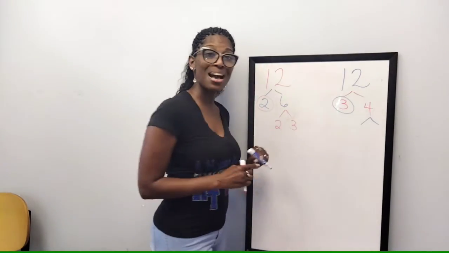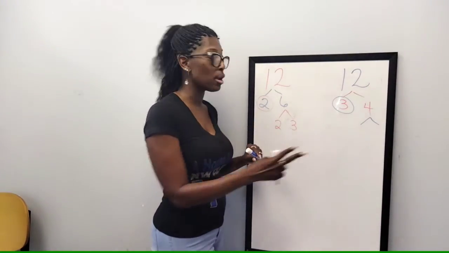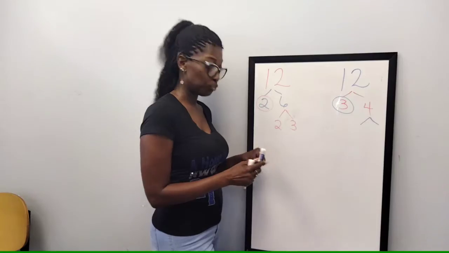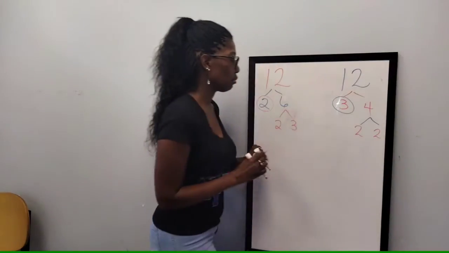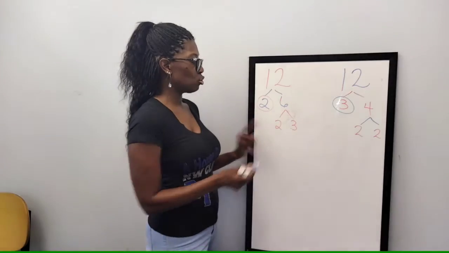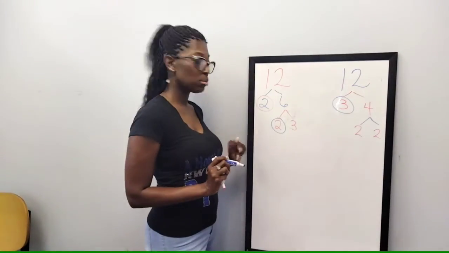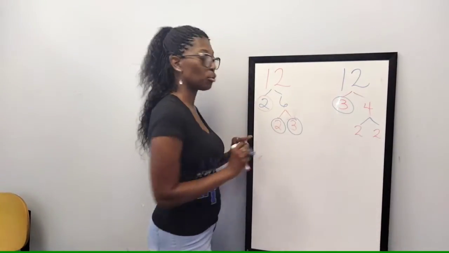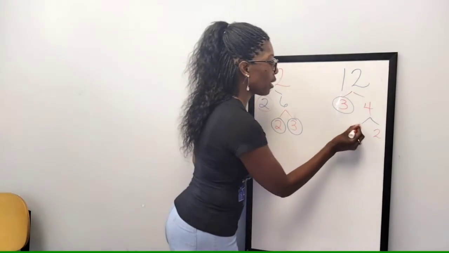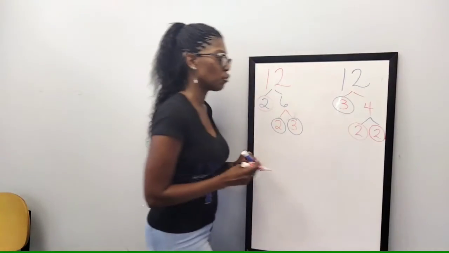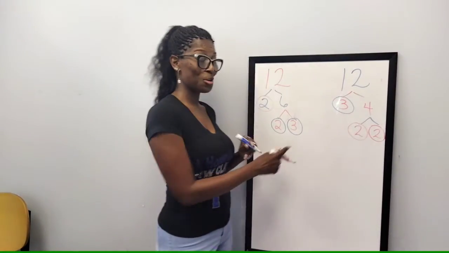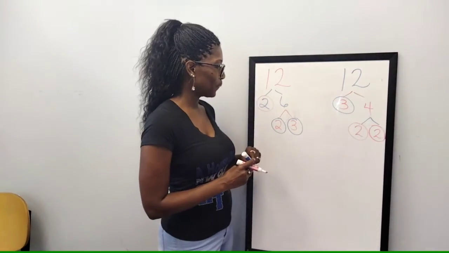What 2 numbers outside of 1 and 4 give you 4? 2 times 2. Again, 2 is prime, you circle. 3 is prime, you circle. 2 is prime, you circle. And again, 2 is prime, you circle. Told you it would be pretty easy, huh?